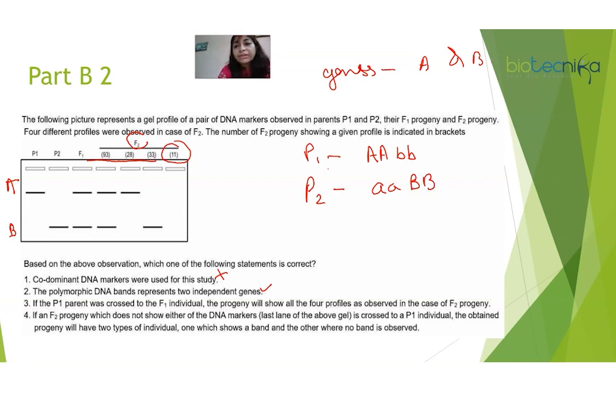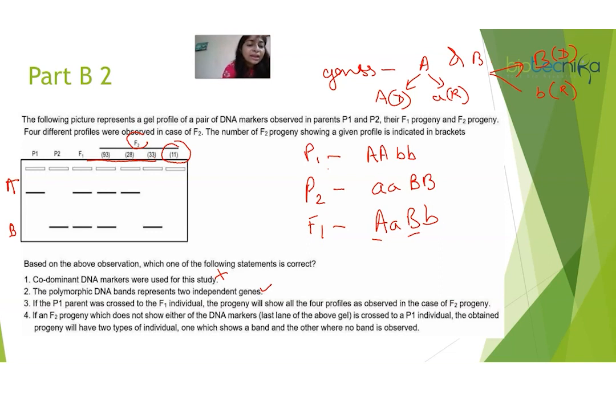Gene A has a dominant allele capital A and a recessive allele small a. Similarly, gene B has a dominant allele capital B and a recessive allele small b. So P1 and P2 have these genotypes. What about F1? If you cross them, F1 will be a heterozygote, with 1 capital A allele and 1 capital B allele.